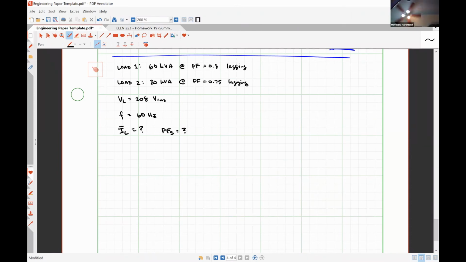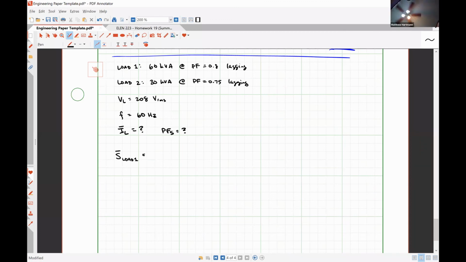All right. So how might we go about determining the total complex power absorbed by load one? Use the definitions of power factor to get both the magnitude and the angle.